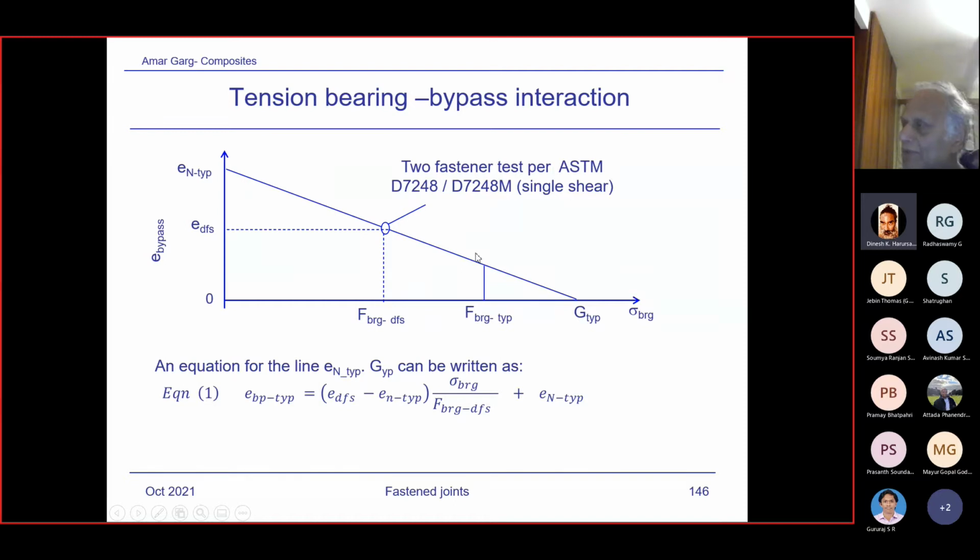Now that equation is simply coming from the test data based on two fasteners. This line equation comes from this data point, which is based on two fasteners test. Okay, I've written down the equation, and this is what it is now.